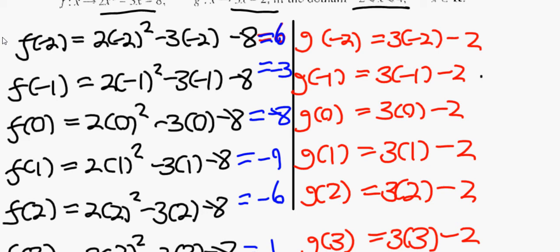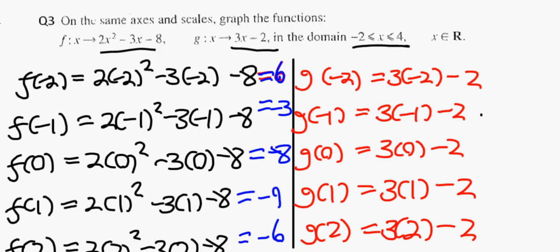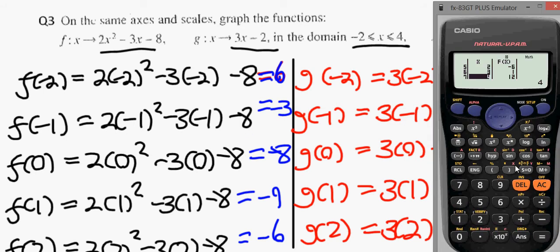Okay. Next thing we gotta do now is the g of x one. So what we're gonna get here is 3x minus 2. Okay, so 3x minus 2. The same scale as before.